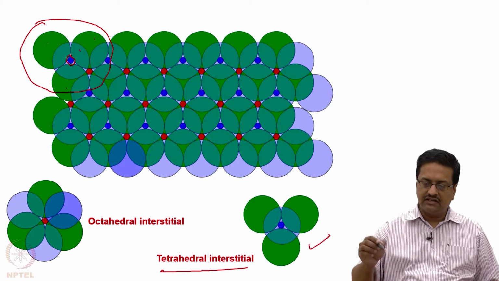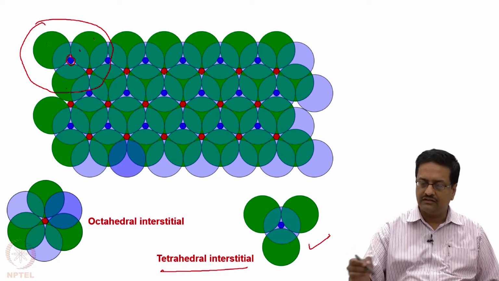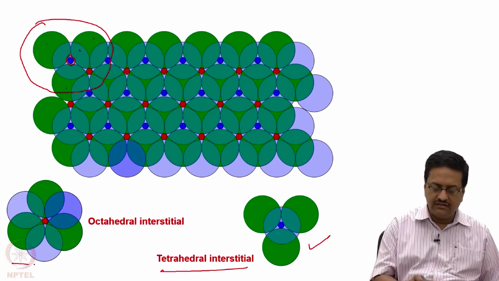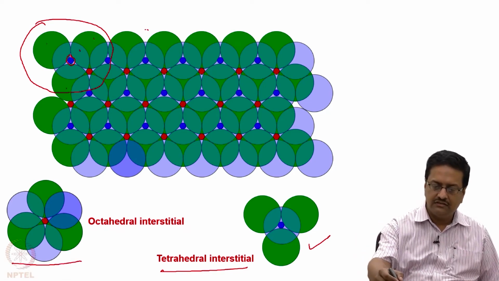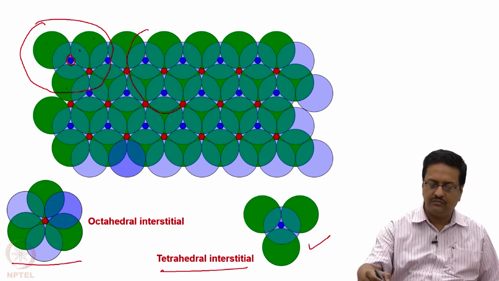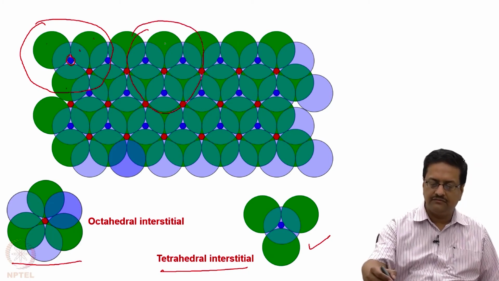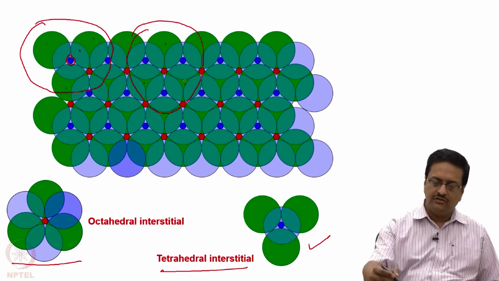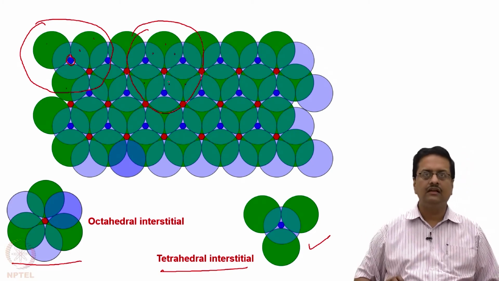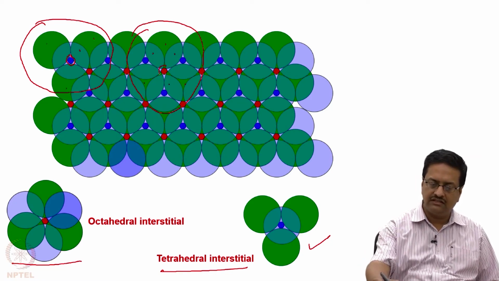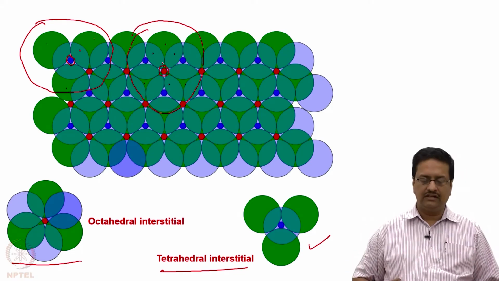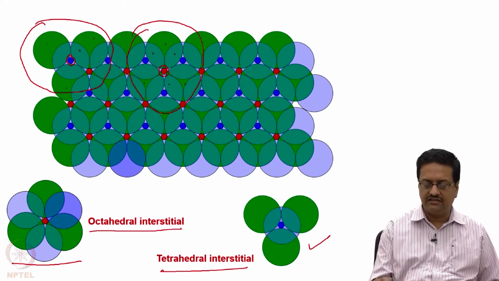If we concentrate on a different location where you can see this arrangement, for example here, at this point you have 3 green atoms in the lower layer, 3 blue atoms in the upper layer, and in between these 6 atoms you have 1 central red atom located at the octahedral interstitial.